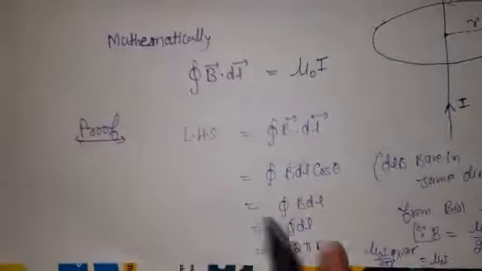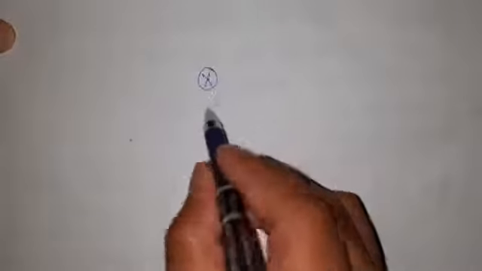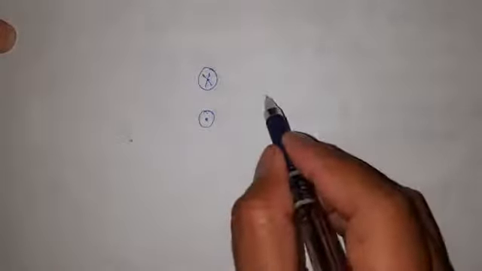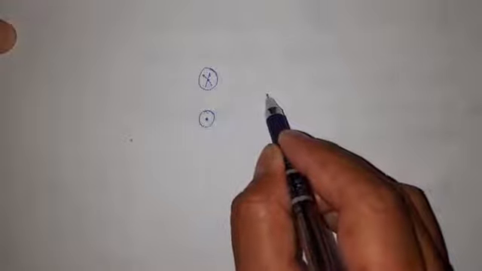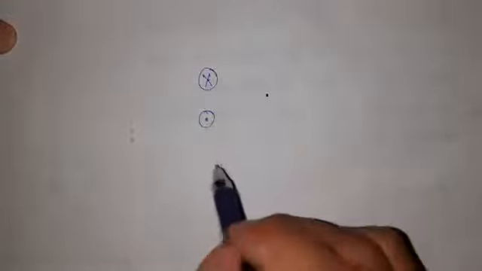Okay, now suppose over here that we are having two currents. One current is going to enter inside this paper, and the second current is coming out of the paper. Okay, so from this, now at a distance from these two currents, we are going to find out the magnetic field.